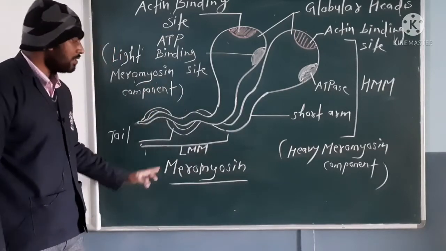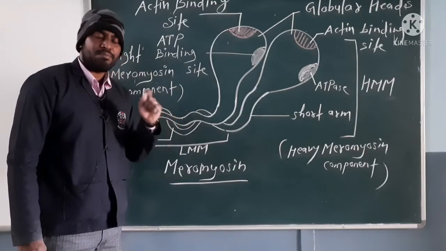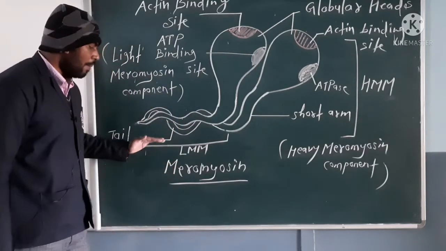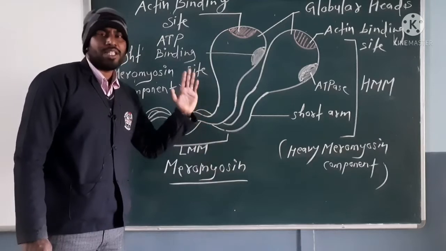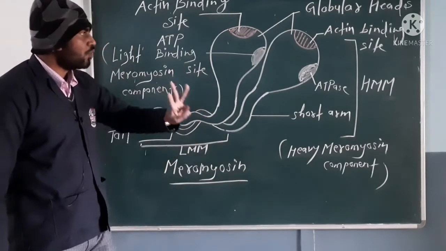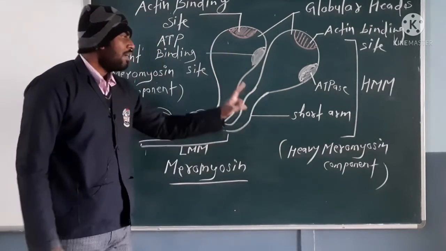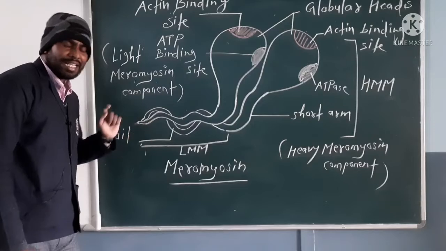So what is meromyosin? The single unit of myosin protein. Myosin is the thick filament, so a number of meromyosins form the thick filament of myosin protein. Each meromyosin is made up of three parts: its globular head, which is bilobular, its short arm, as well as the tail region.